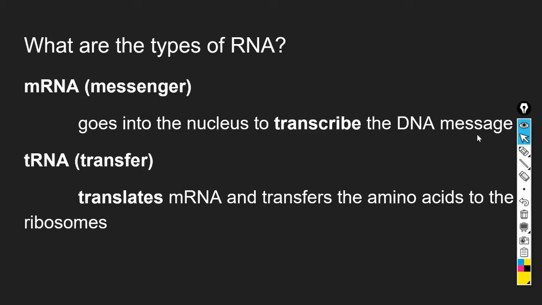And then secondly, there we have that tRNA, which we said stands for transfer RNA. And what that RNA does is it translates the message from mRNA and builds the appropriate protein or polypeptide, because that message contains the order and number of amino acids that need to go into building that polypeptide.